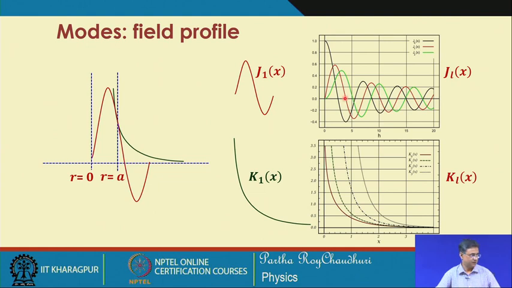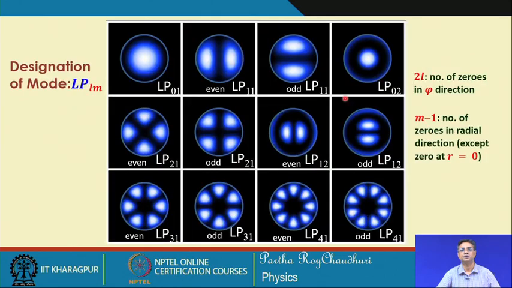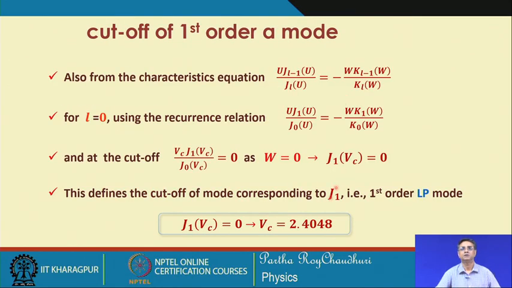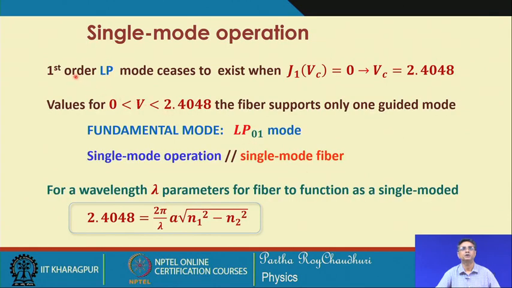At this point the mode will be cut off. So, this defines the cutoff property. The first order LP mode ceases to exist when V c is equal to this, but V c we can calculate by putting the values of a, lambda, n 1 and n 2.